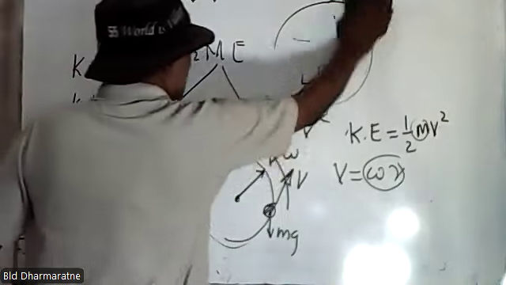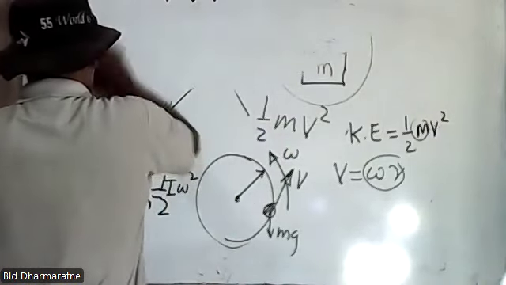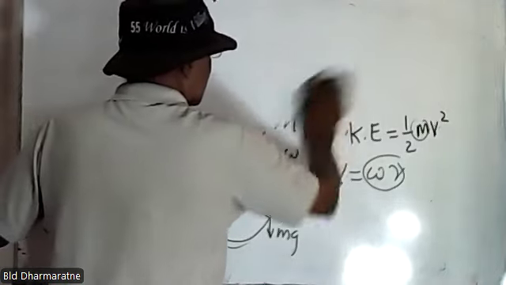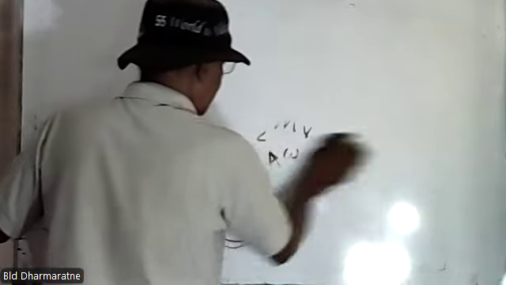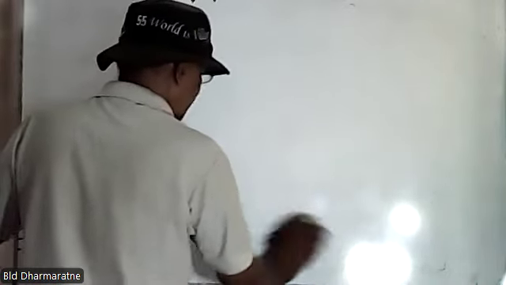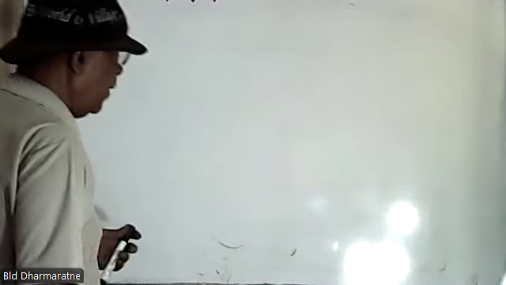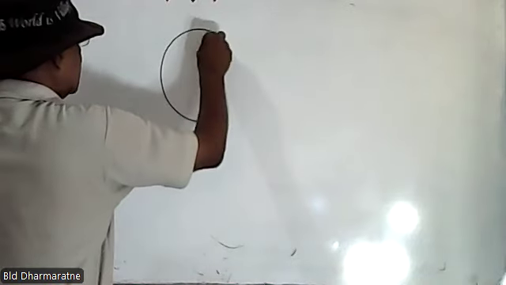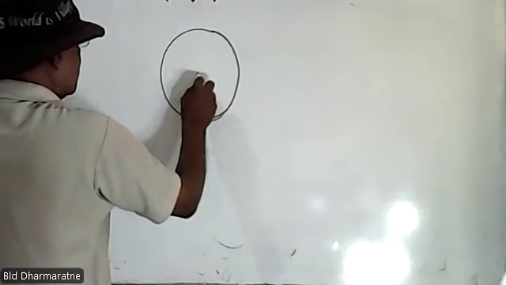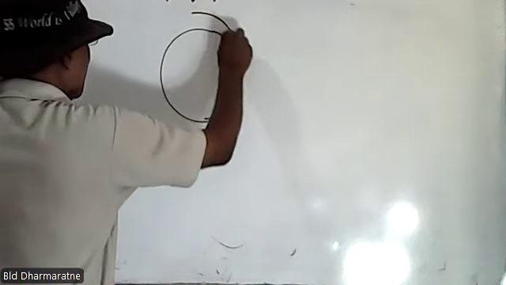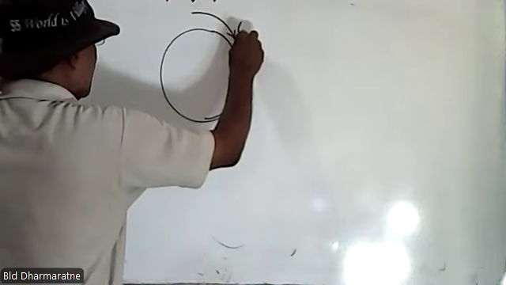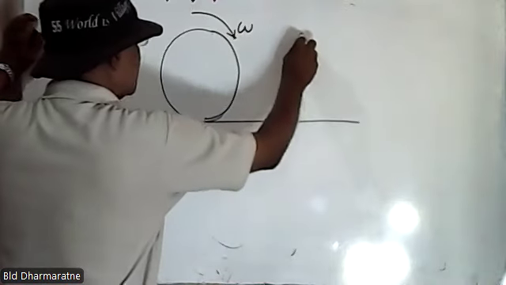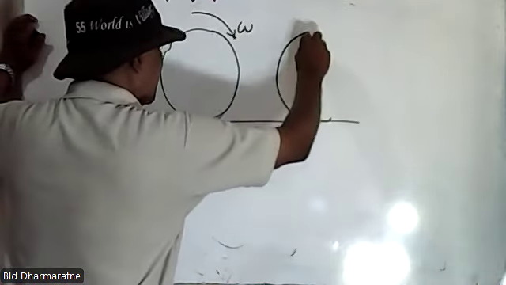Now we consider a wheel rolling on a horizontal plane. The rolling wheel has velocity v and angular velocity omega. After rolling, it travels to another place like this.